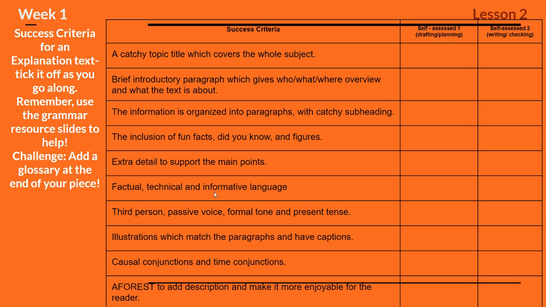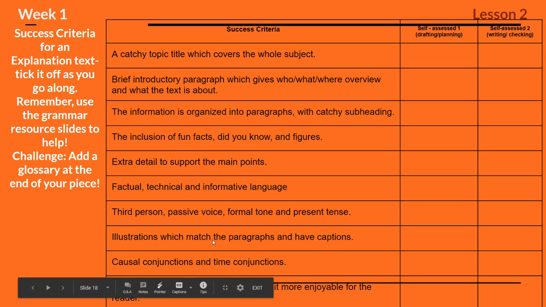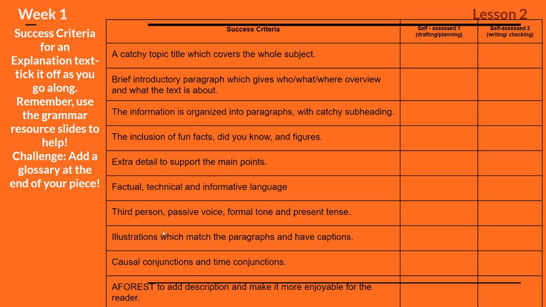Factual, technical, informative language. Third person, passive voice, formal tone and present tense. Illustrations, causal conjunctions and time connectives. And finally, a glossary to add to this description. As well as that, we're looking for a key layout and key structure. Have you included all the questions from lesson 1 as subheadings and included all of the information that you needed to?